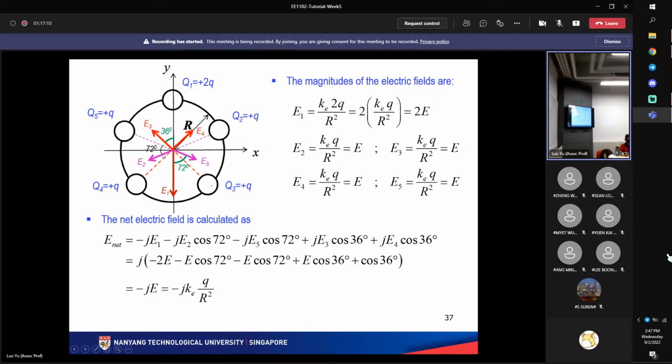So the angle between each of them, or between each force line, should be 360 degrees divided by 5, which is equal to 72. So this is 72, this is 72. E3 and E4, the angle between them is also 72. So half of it is 36. Okay? Clear? Good.